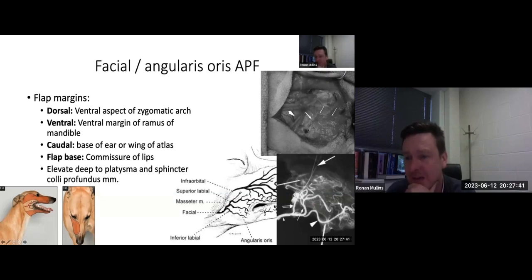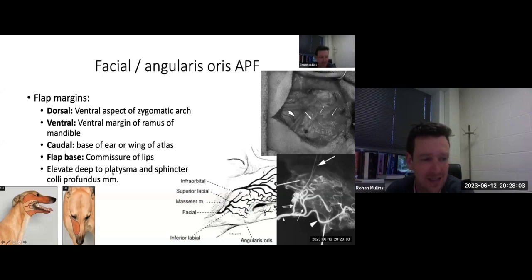This here, not the best diagram, but this is the facial artery here, and again just showing you the angularis oris arterial supply. So this here would be what you would encounter if you were trying to make use of the mucosal aspect of this flap rather than the use of the skin to close a cutaneous defect.